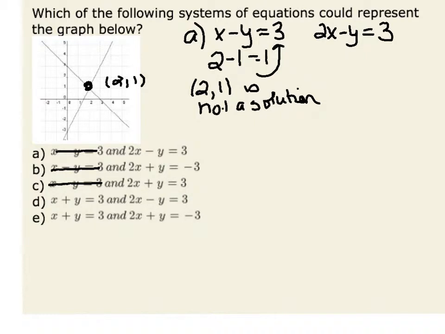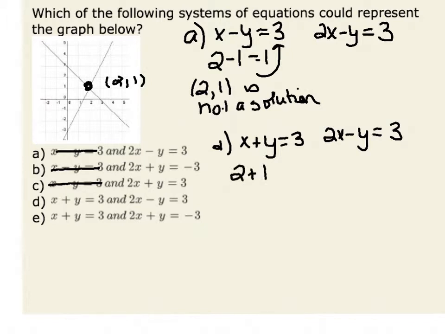So let's check D. In D, I have the system of equations x plus y is equal to 3, and 2x minus y is also equal to 3. Again, I want to verify if 2, 1 is a solution to this system of linear equations. When I substitute x equal to 2 and y equal to 1 into the first equation, I indeed get the true statement that 3 is equal to 3.